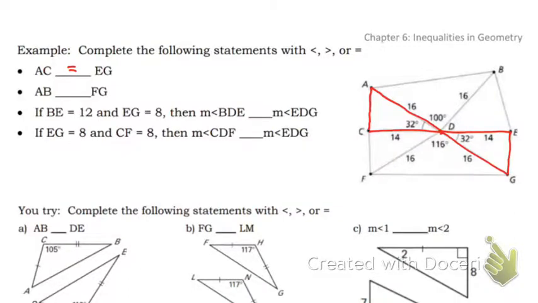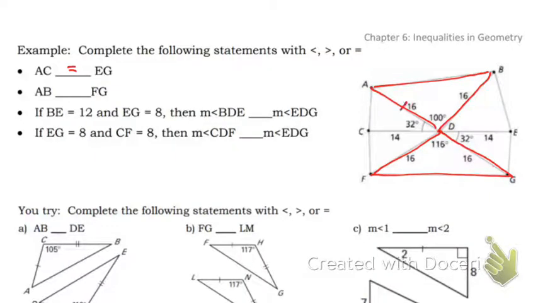All right, and let's go back to this one. All right, they said we need to compare AB to FG. So if I erase what I just did here, and we're talking about AB and FG, so what I'm really looking at is this triangle here and this triangle here. I got to first make sure they have two pairs of congruent sides.